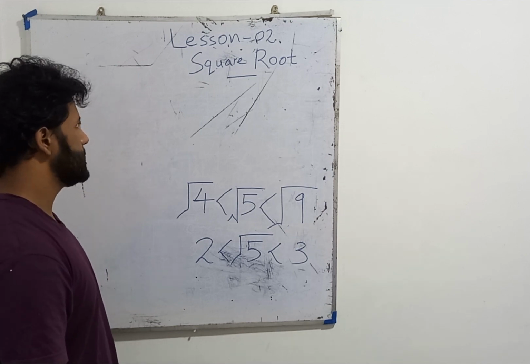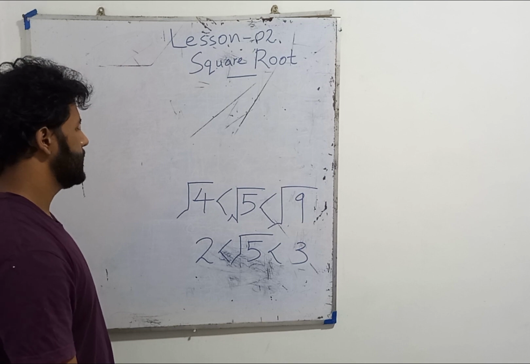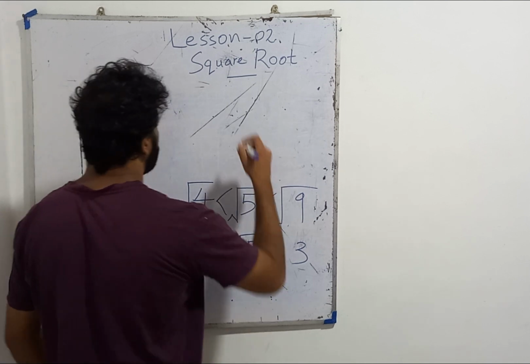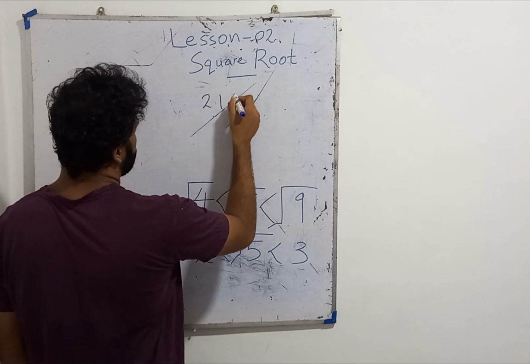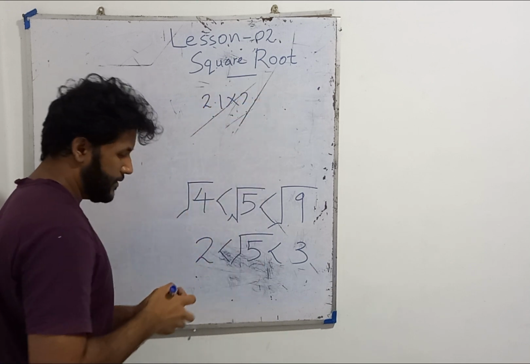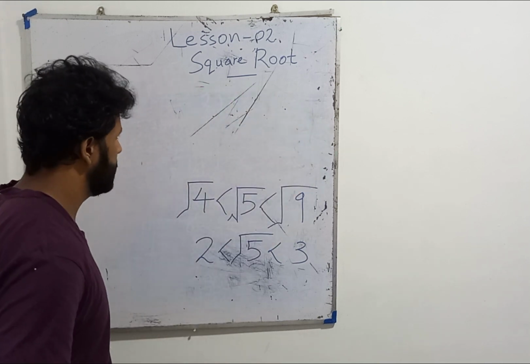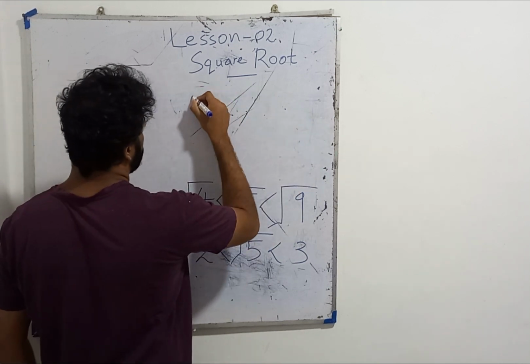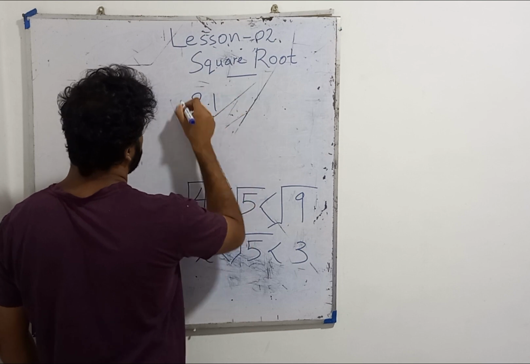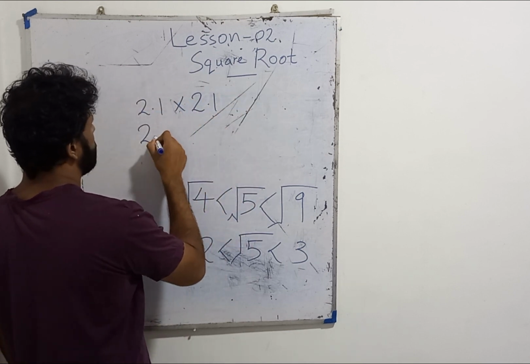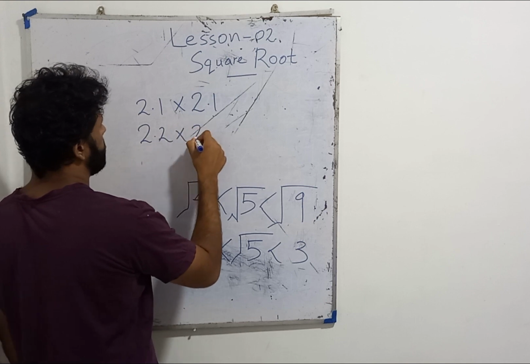Let's take 2.1, 2.2 like that. First of all, 2.1 into 2.1. Let's write a little bit larger. 2.1 into 2.1. Then 2.2 into 2.2.